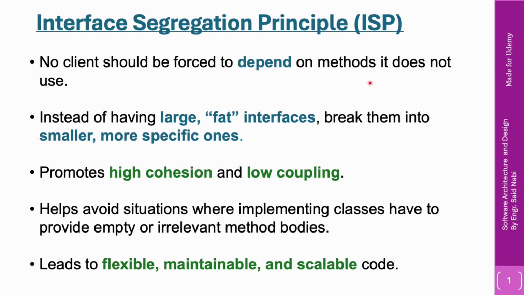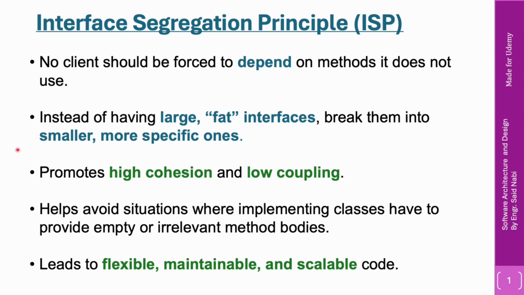In other words, the client is not using those other methods. That is what we call the violation of the interface segregation principle, because the client is interested in only one method in that interface, and you have a lot of unnecessary methods as well, and we need to create separate interfaces for all those methods which can be used by the client separately.